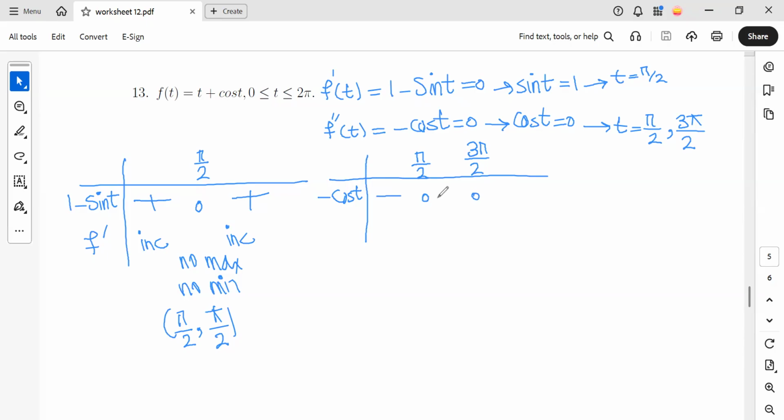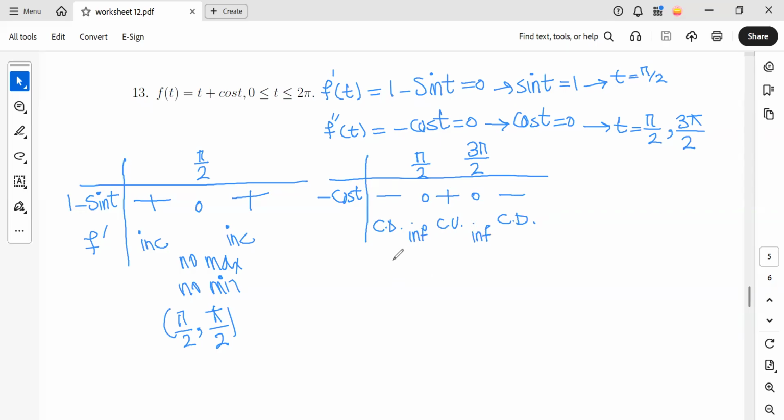Between pi over 2 and 3 pi over 2, the easiest one is pi, where cosine is -1, but negative cosine would be positive. And after that, you can use any number like 2 pi, the easiest, I guess. That would be negative. So it means concave down, concave up, and concave down. So you have an inflection point here and also here.